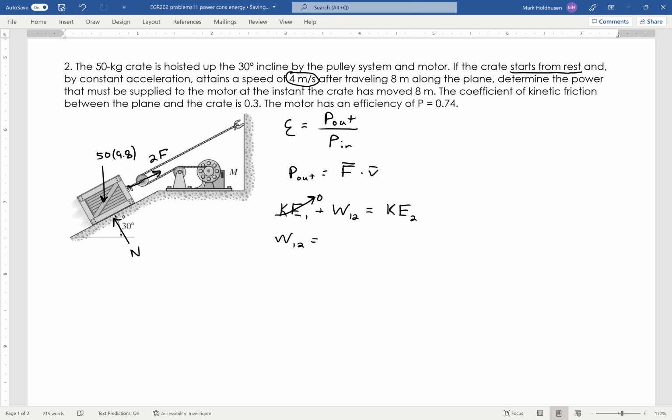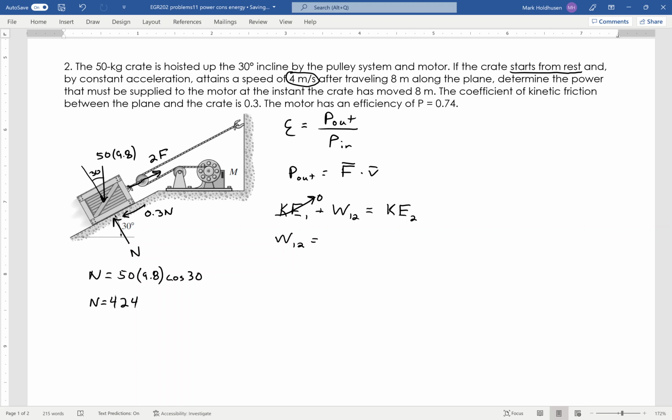I only need it because as this moves up, friction is going to oppose it downward, and that's going to be 0.3 N. So let me sum my forces in this direction, where this is at 30 degrees, and from that I can find that my N is equal to 50 times 9.8 times the cosine of 30. Again, this is really only to help me find my friction, because the normal force is not doing any work at all. It's 424. So I've got that, and that's going to help me find my friction.